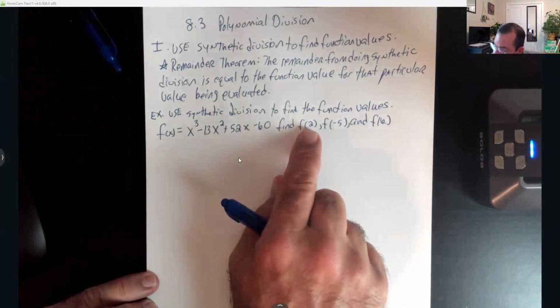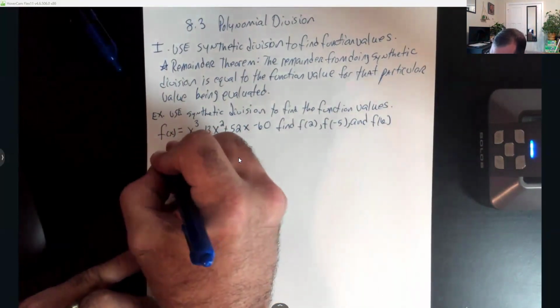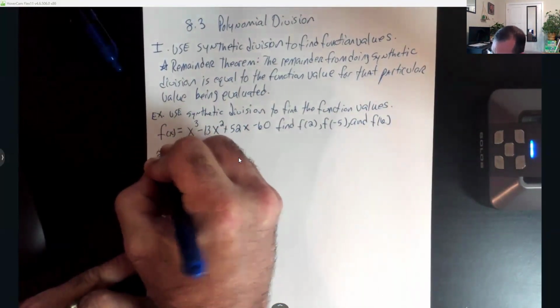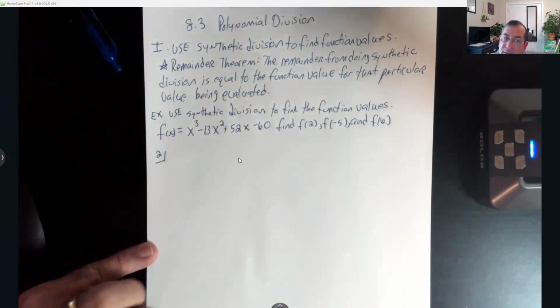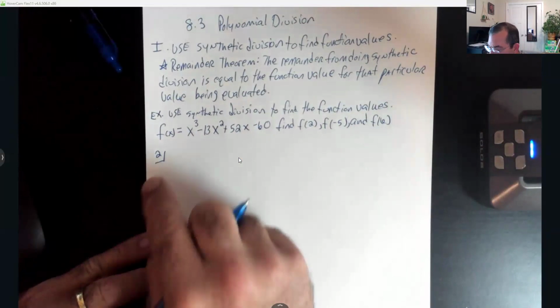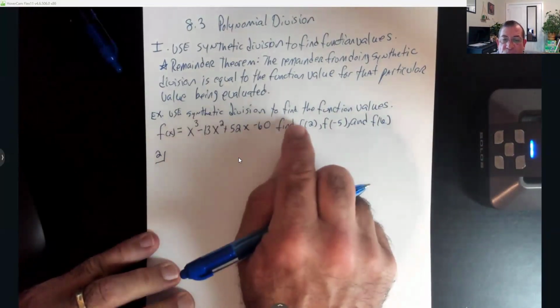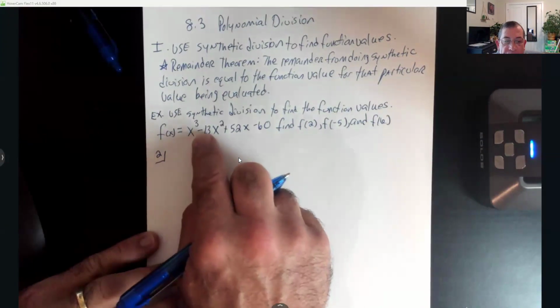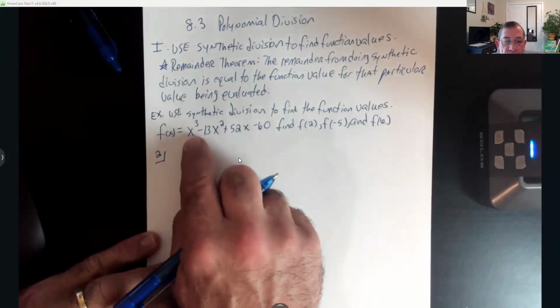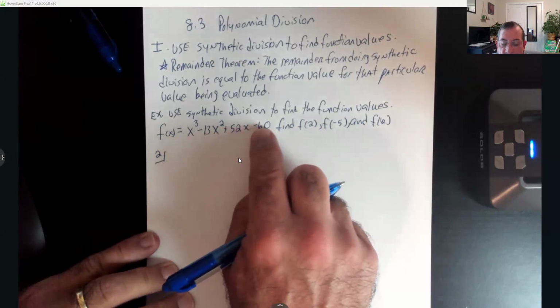So I'm going to start with f of 2. So y'all remember, 2 is what we call the first C. C is the value being evaluated. So my first number is 2. It matches what the function value is. Now we're going to write out our coefficients. So there's no missing terms.